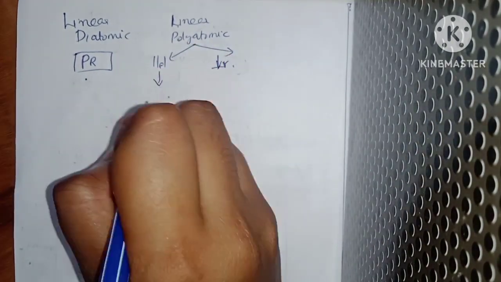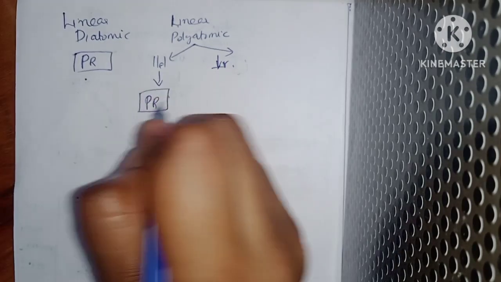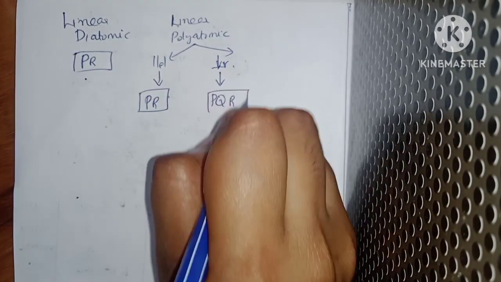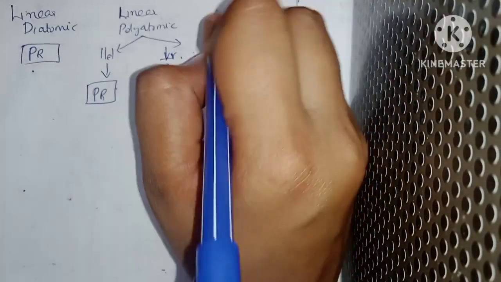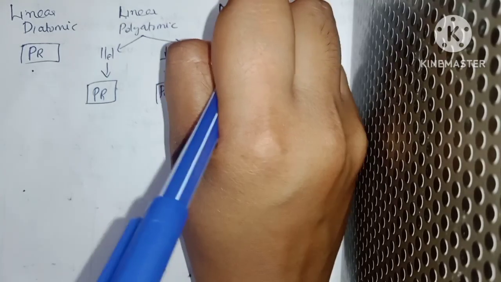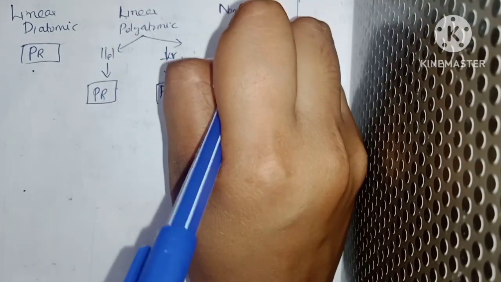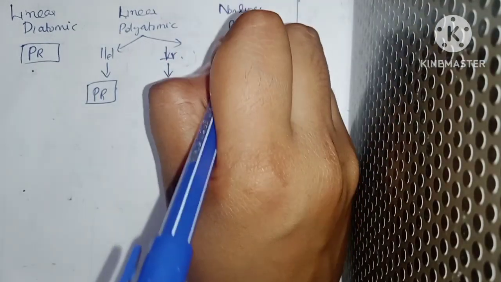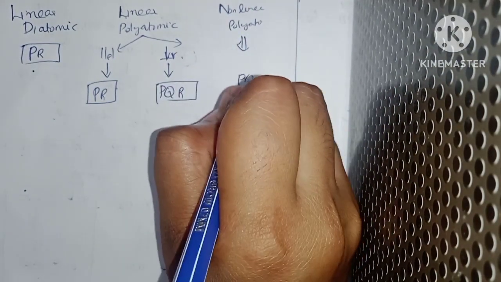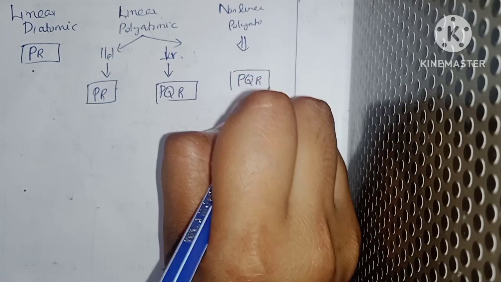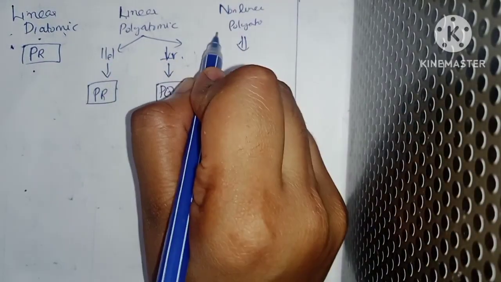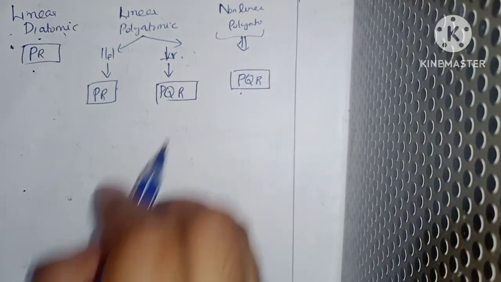If the vibration is parallel, it will give PR. If it is perpendicular, it will give PQR. And for non-linear polyatomic, whether it is parallel or perpendicular, it always gives PQR branch. So here linear diatomic will give PR, here non-linear polyatomic will give PQR.